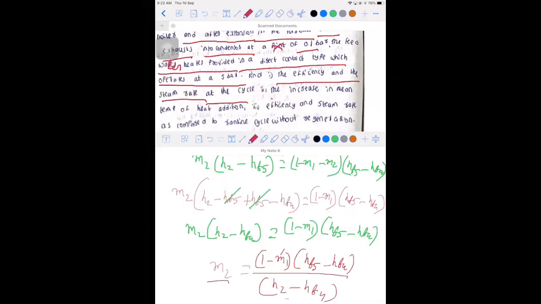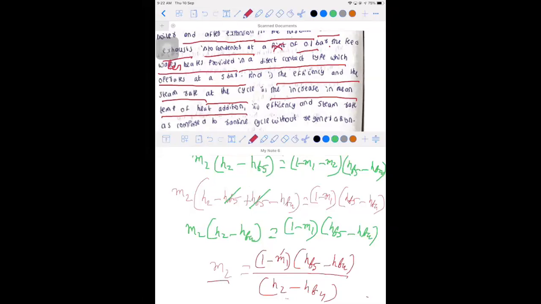The third one, the increase in mean temperature of heat addition. The average temperature increases in the regenerative cycle. That's why the efficiency will increase.